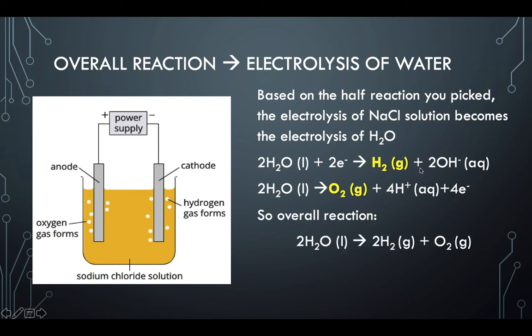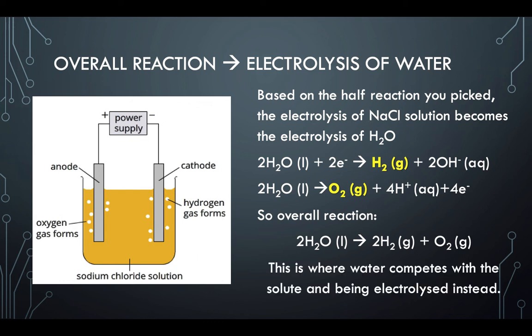So overall reaction, if you add them together, you'll notice that it becomes water being electrolyzed to hydrogen gas and oxygen gas. And this is what we meant by water competes with the solute, which is sodium chloride, and it is being electrolyzed instead. That is the competition at electrodes introduced by this third species in an aqueous solution.